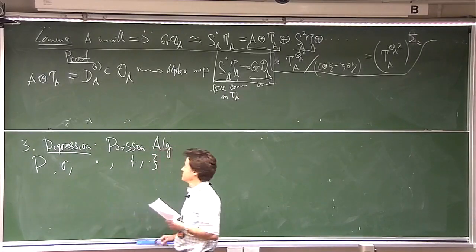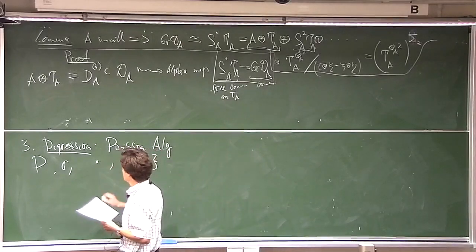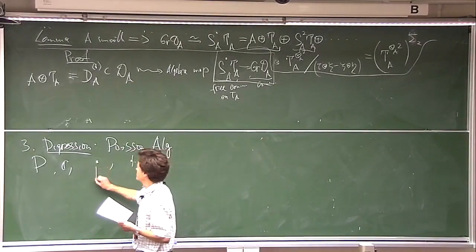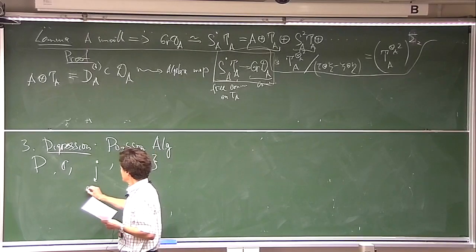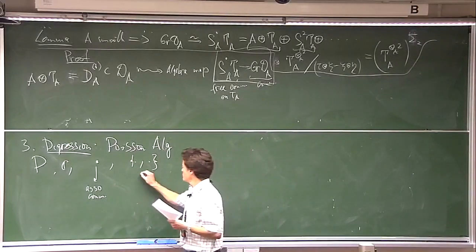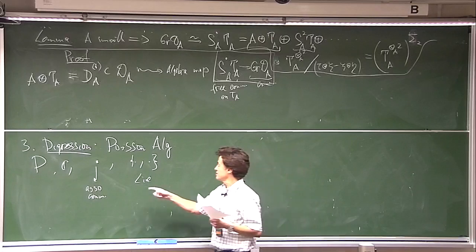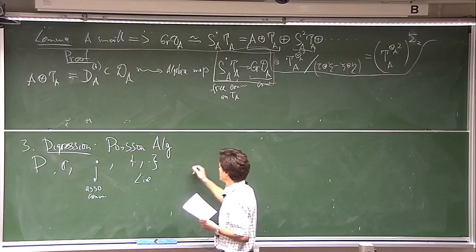And judging by the notation, you can easily guess what I'm about to say. With respect to this operation, P is associative and, in fact, commutative, unital. And with respect to this one, it's a Lie algebra. And the two structures are compatible.